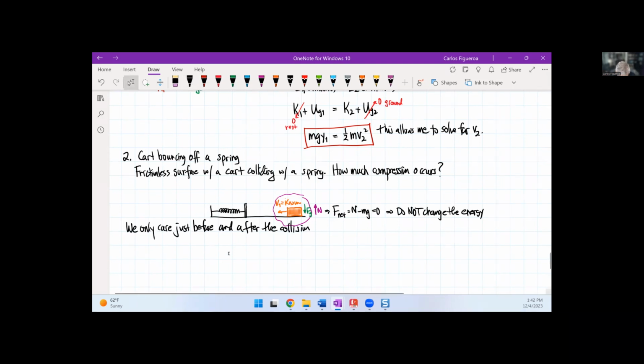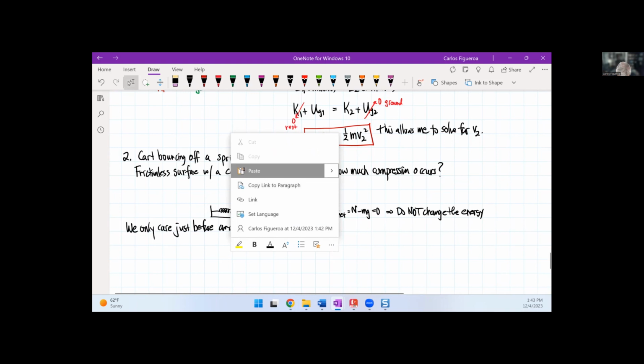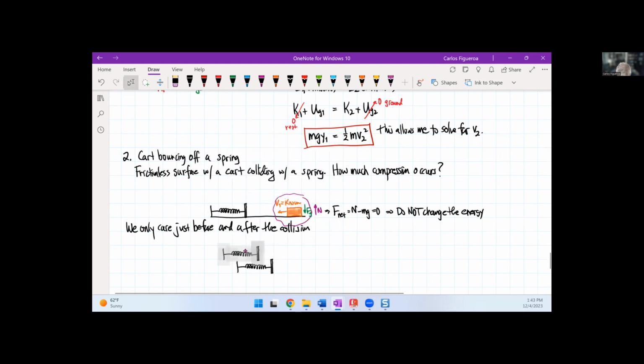So if I redraw this, here's my system. What I really need is this block to be right here. That's what we care about. So this is the before.